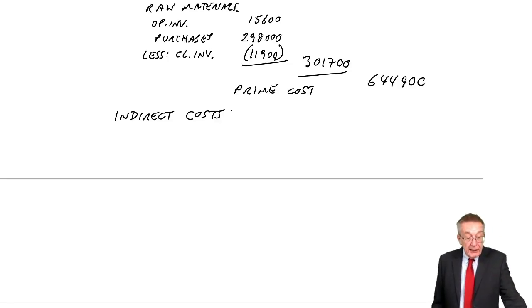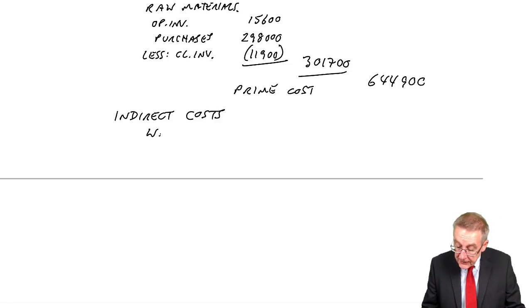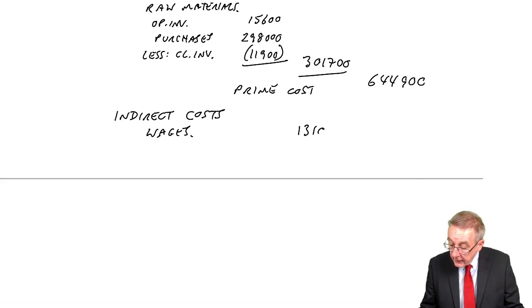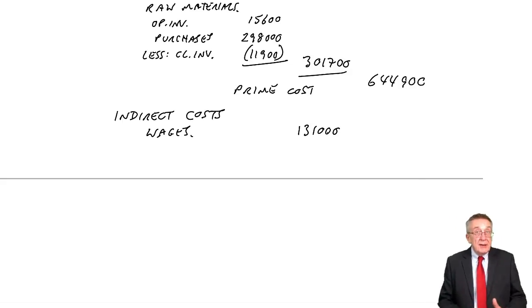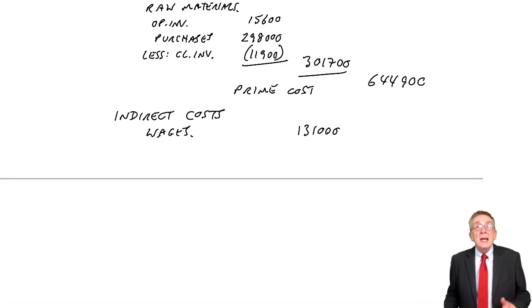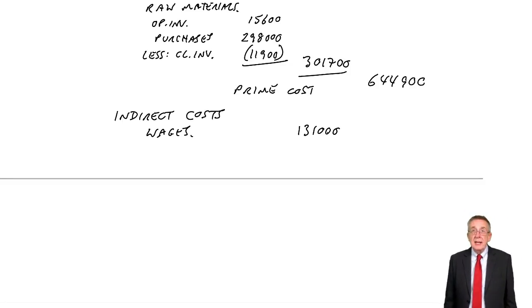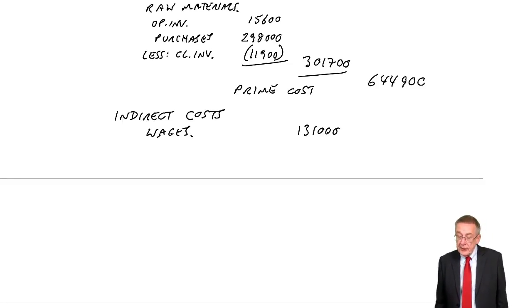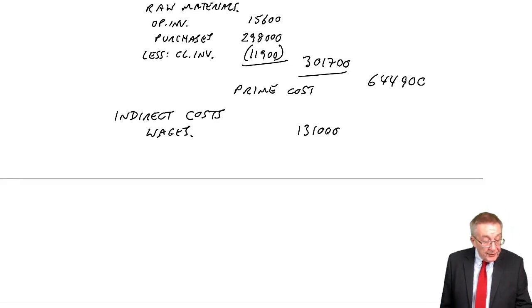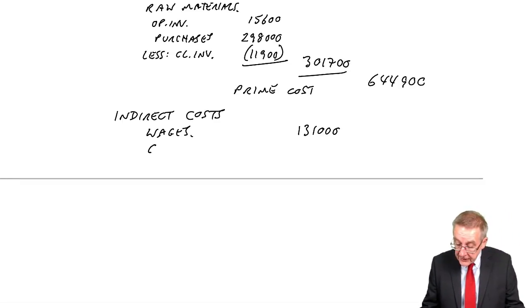Factory wages, indirect factory wages, 131,000. So the wages in the factory, but indirect, I said earlier, it's things like paying the supervisors in the factory who don't actually work producing, but they are a cost of running the factory. Any others? Oh, jumping one, there's general factory expenses.